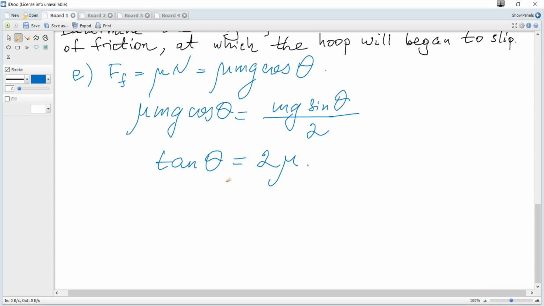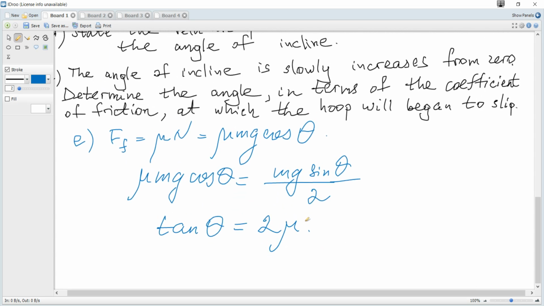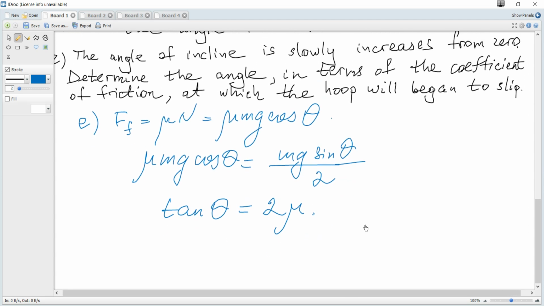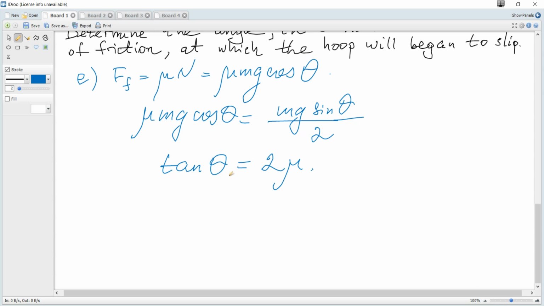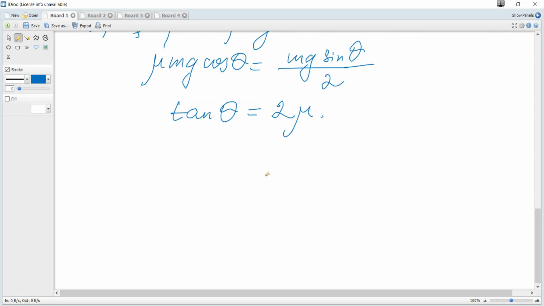Actually, it's not required, but theta is the arctangent or inverse tangent of 2 mu, but it's acceptable. And what does it mean? If tangent of theta is greater than 2 mu, there will be slipping. Or in general, we can write that mu must be greater than or equal to tangent of theta over 2, so that there will not be slipping.